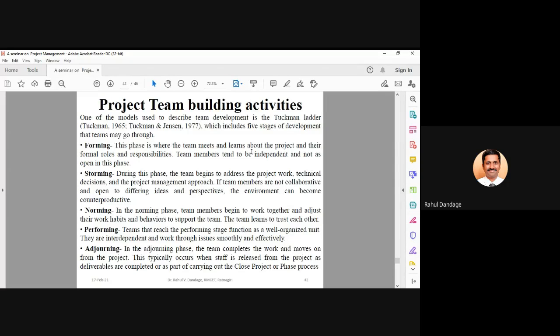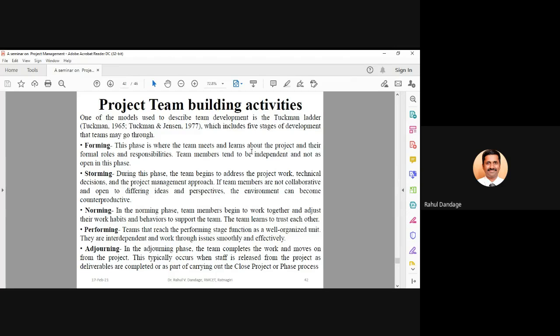And the last part is about adjourning. In the adjourning phase, the team completes the work and moves on from the project. So this is departing. When we say forming, the people have been brought together from various places. Adjourning is saying goodbye to each other because the project work is over and they are departing from each other.